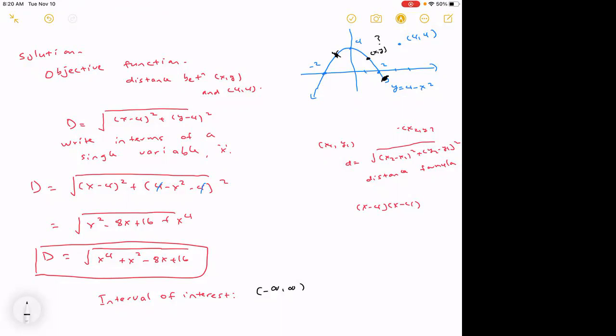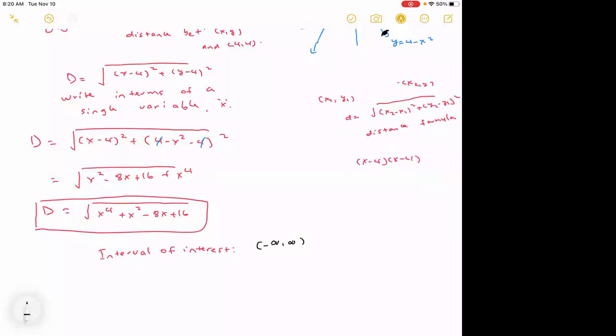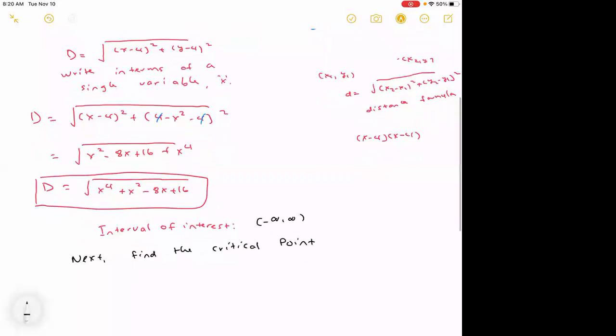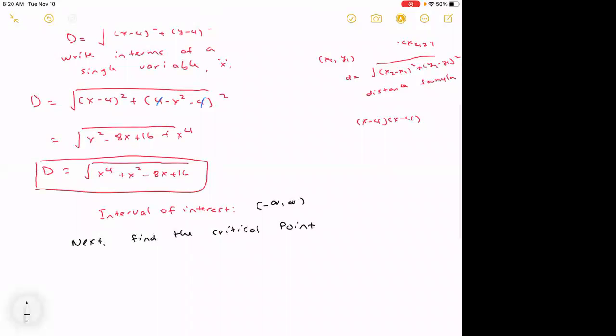So what do you do from here? Well, you find out the critical point, right? So you find out the derivative, d prime.